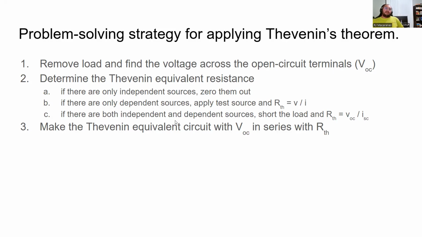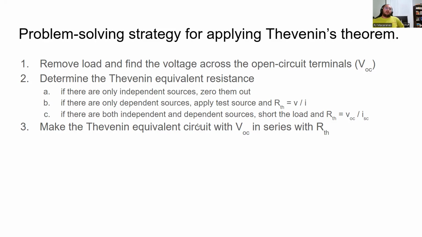This is a little more tricky because it depends on what kind of sources you have in your load. The example we'll look at just has independent sources, so all you do is zero them out and determine the resistance seen by the load. We'll look at what that looks like.